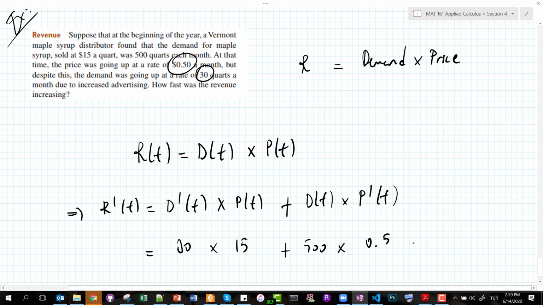So if you do this calculation, revenue will change by 700 per month, guys. This is how you can calculate your revenue change. And this idea will give you a lot of insight about your revenue adjustments or your price adjustment. That is how it is used in real life.